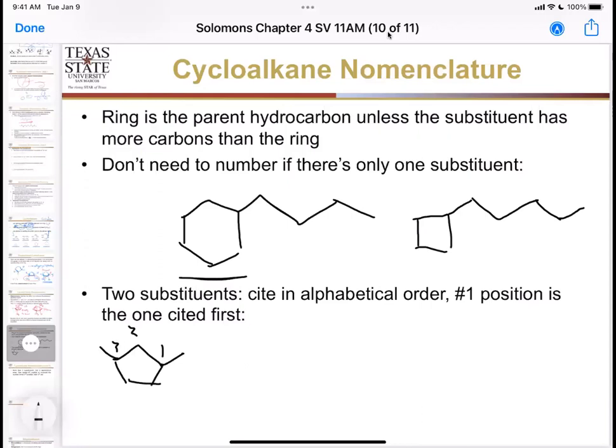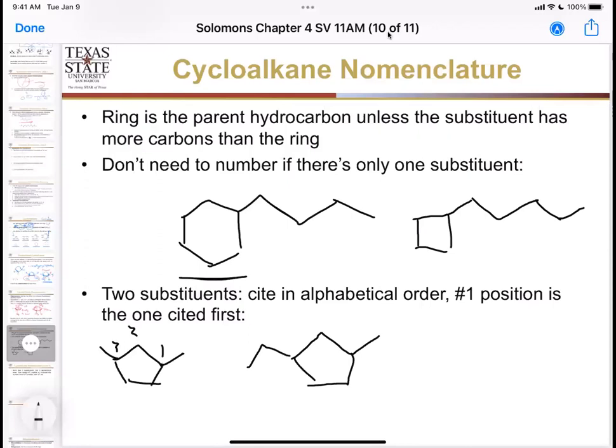But what if we had this? We have a methyl substituent, but we also have an ethyl substituent. Which one's number 1? Well, since the next step we'd have to do anyway is alphabetize, what we're going to do is alphabetize our substituents and number the first alphabetized one in position 1.